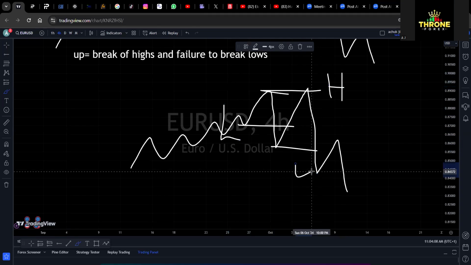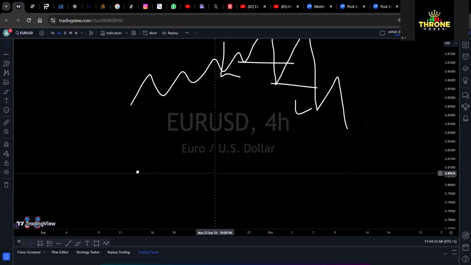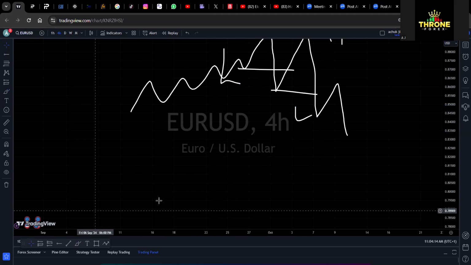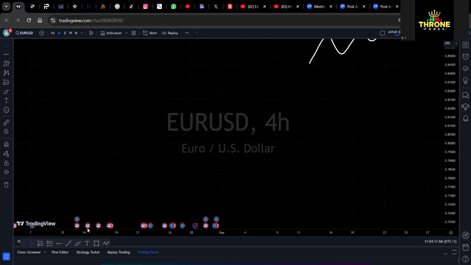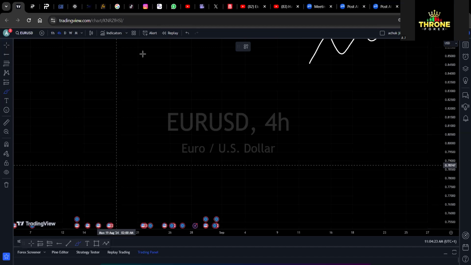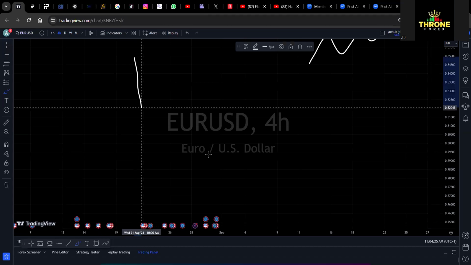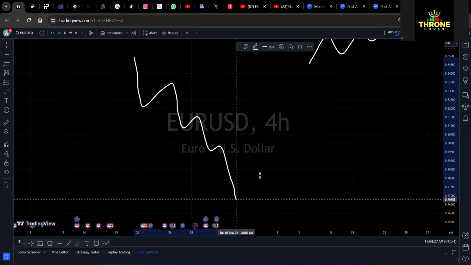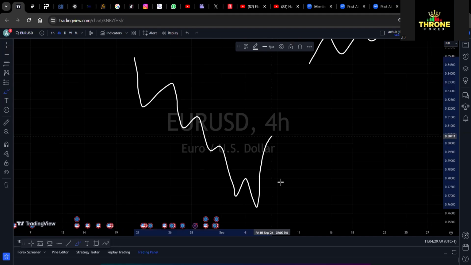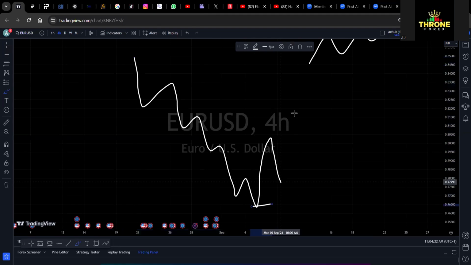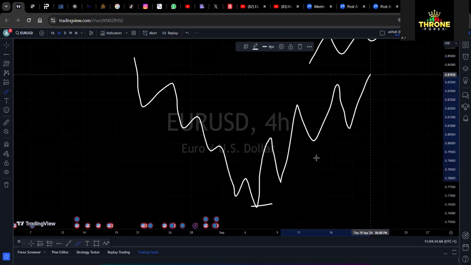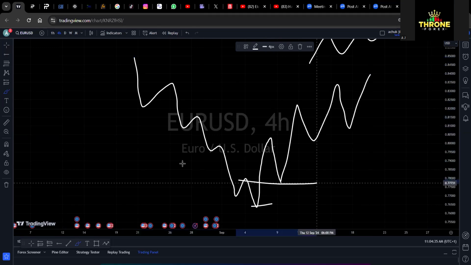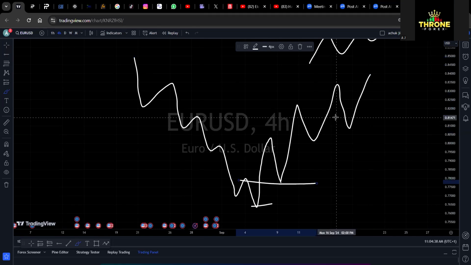So that is the most important part. And then also from here, we can see a scenario whereby price comes down and then all of a sudden it breaks up and then fails to reach this low and then continues to break that. So this is where the market changes from down to up. So that's what we have.